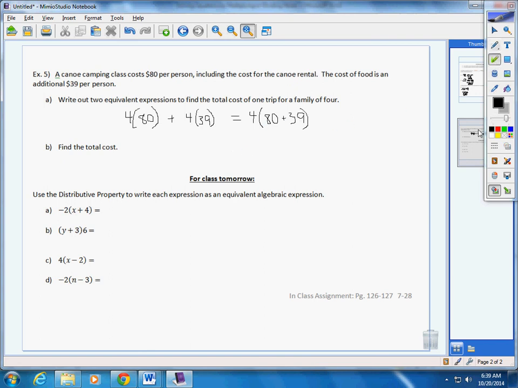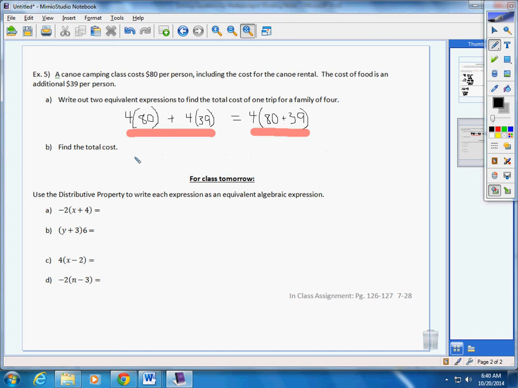Up above, we went from this side to this side, but it works both ways. If you have the same number 4 multiplied by 2 separate numbers, you can rewrite it like the guy on the right. Okay? That's one equivalent expression. That looks good right there. So you could write it just like that.